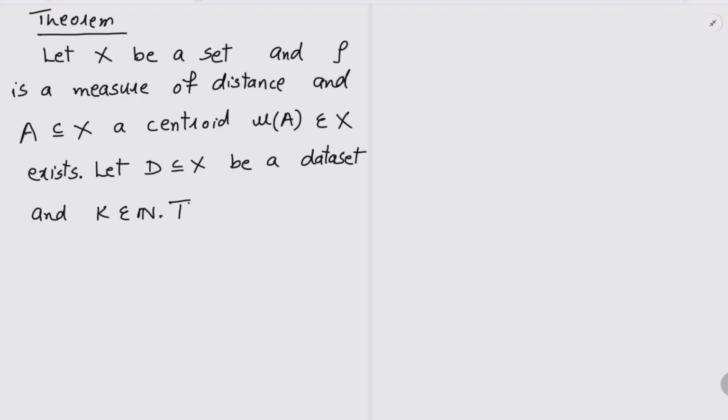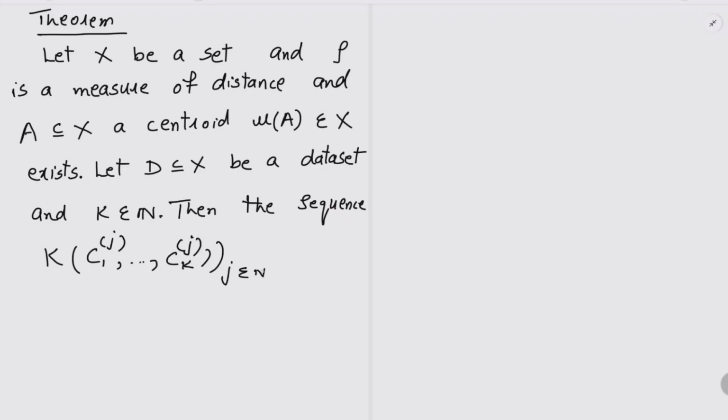And the result of this theorem is then you get a sequence, the sequence of the cost function K that we discussed in the previous video. It says that this sequence C1J up to CKJ, and J belongs to the natural numbers.